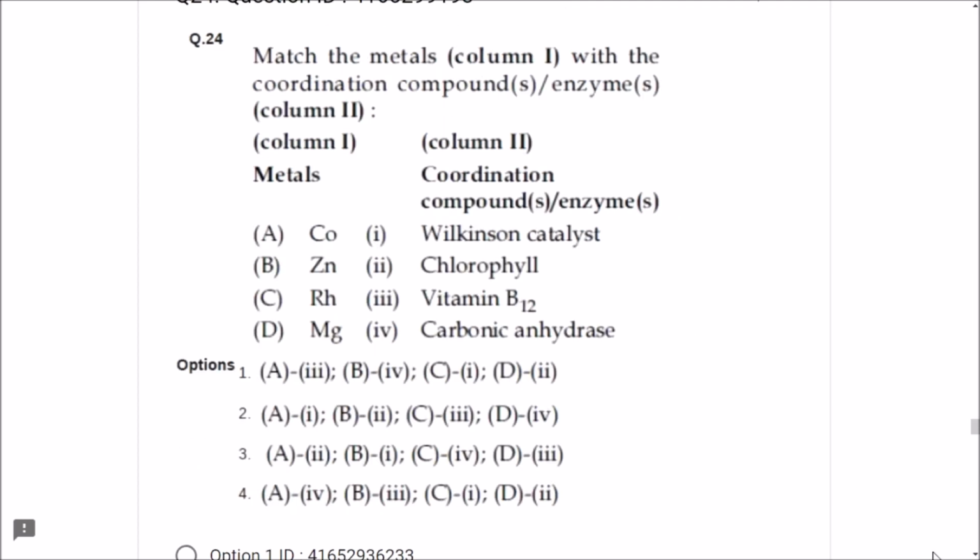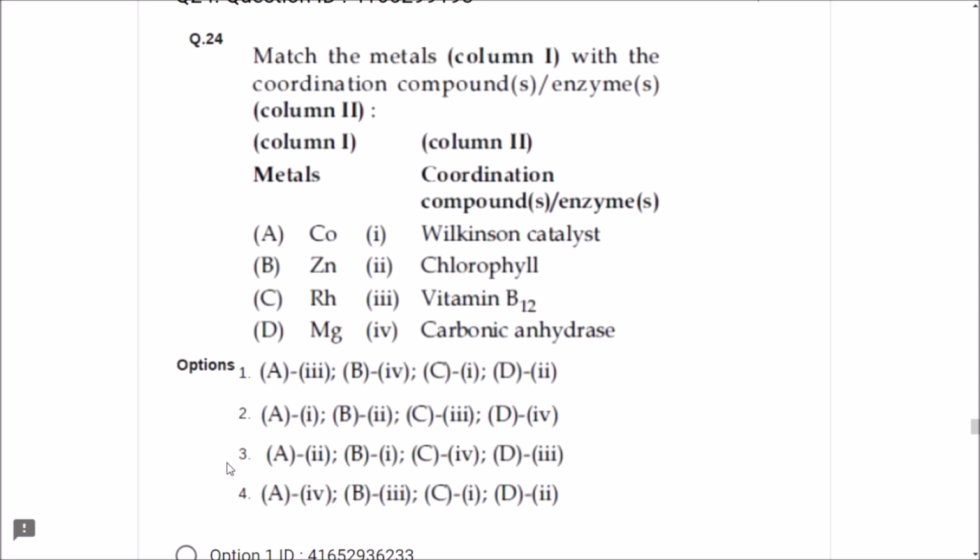Next question number 24. Match the metals in column 1 with the coordination compounds or enzymes in column 2. Cobalt, where do we find? Wilkinson, chlorophyll, vitamin B12, carbonic anhydrase. What is the correct option for cobalt? Yes, students, vitamin B12. Option showing A3.